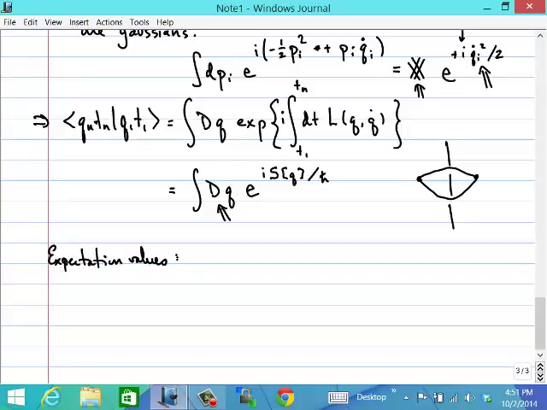Okay. So, for example, let's say that instead of computing just a transition amplitude, I want to compute the expectation value, or the matrix element, of the operator Q between these two states.